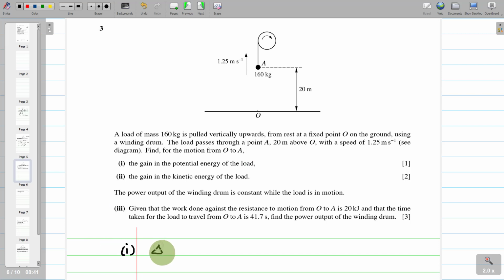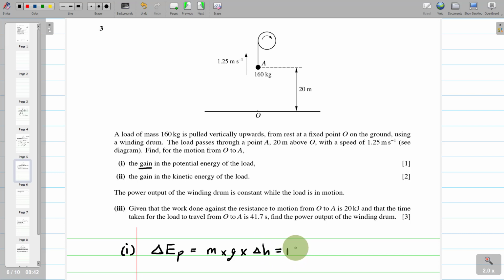The gain in gravitational potential energy, we are going to call it delta EP. Remember, it represents gain. It is going to be equal to the mass times g times the increase in the vertical height.